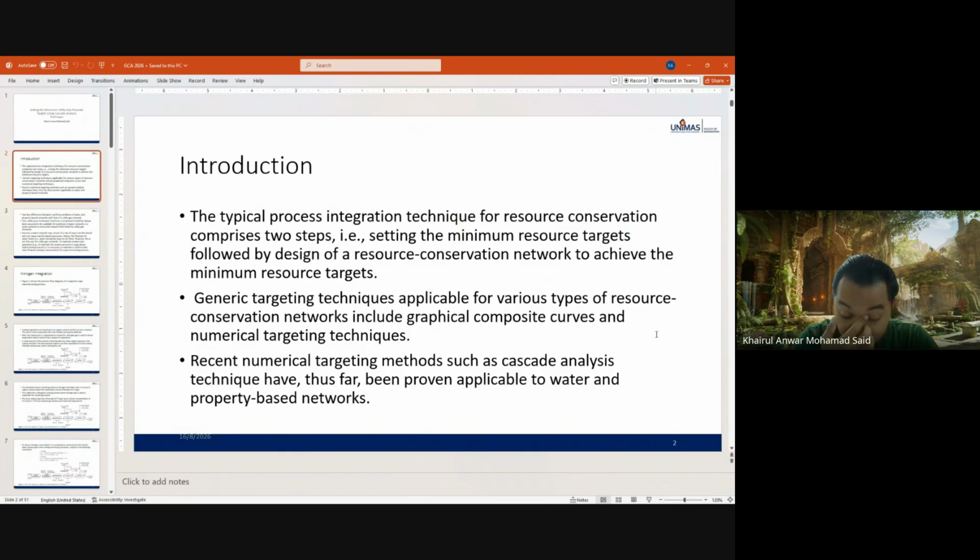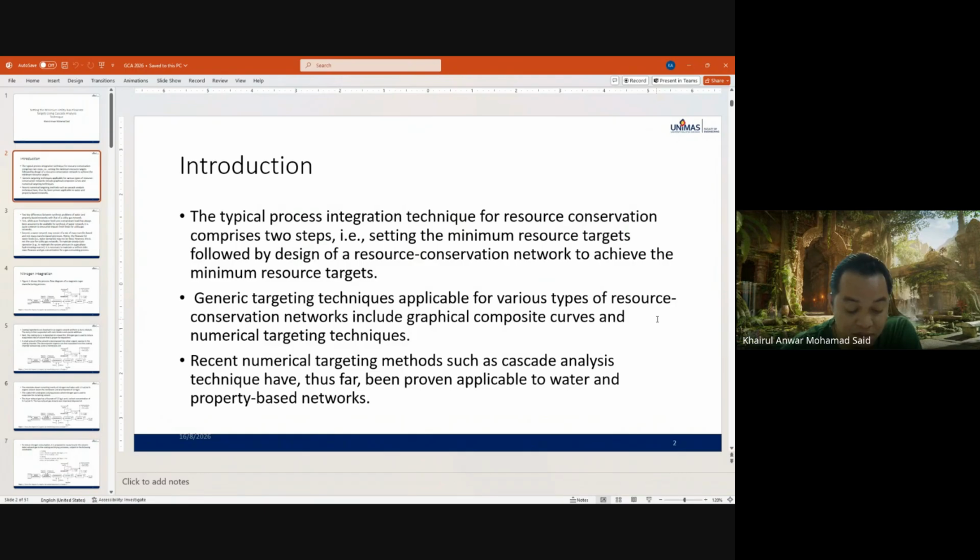However, directly applying the water pinch algorithm, meaning if we use the same method as the water pinch analysis, to utility gas systems fails due to two fundamental thermodynamic and operational differences. So two reasons why you cannot use water cascade analysis to analyze the gas system.